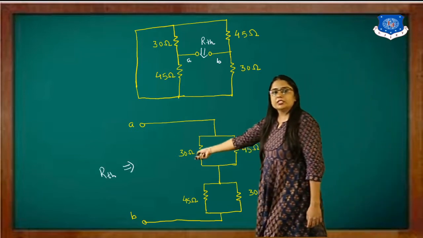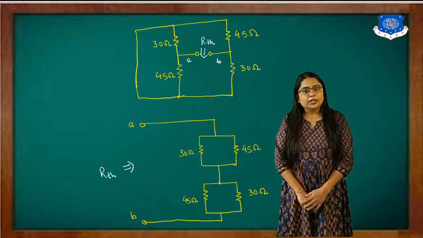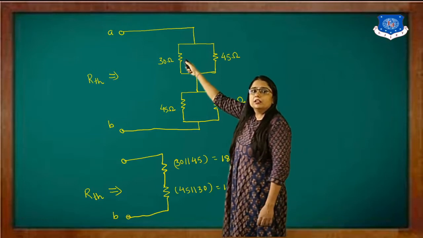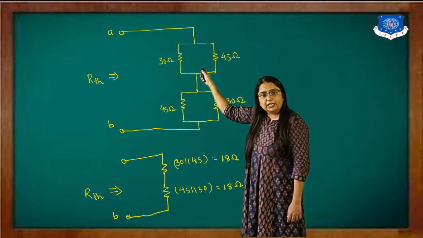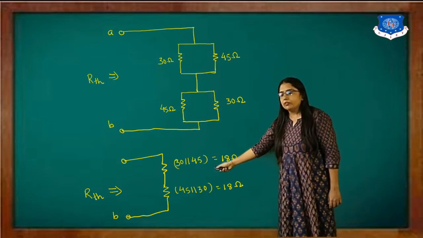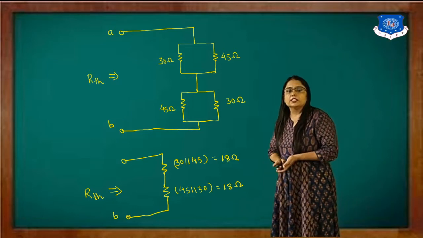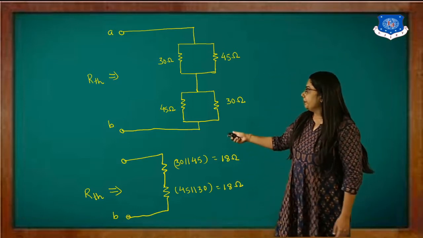Because you have to look from this terminal and find the value of RTH. Here, this 30 and 45 are connected in parallel. That's why I have written 30 parallel 45, and when we solve 30 parallel 45, the answer is 18 ohm.